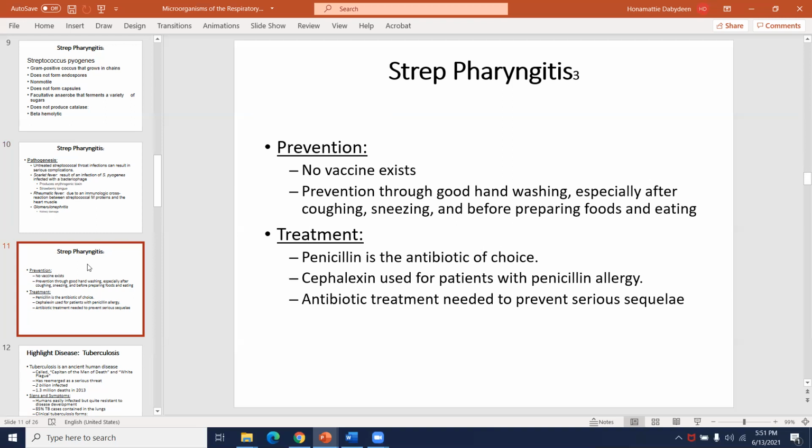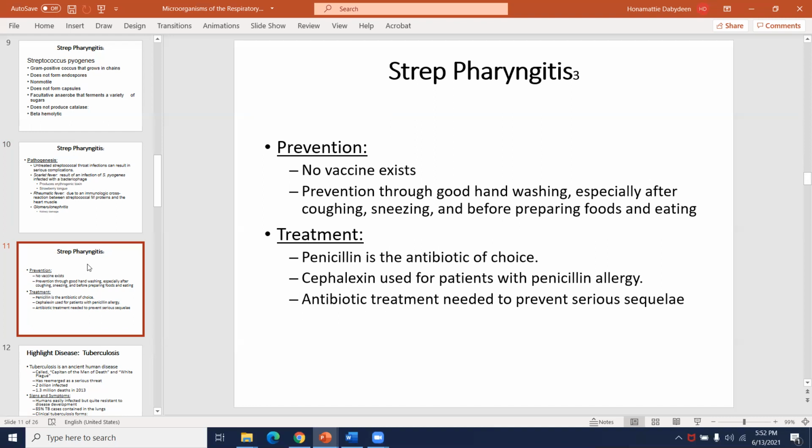They're not 100% accurate, but they will give the doctor enough information to at least say, okay, looks like it's going to be strep pharyngitis, let's treat. Of course, the lab is also going to be doing some cultivation of the organism and trying to identify it that way. That takes a little bit longer because organisms got to grow.